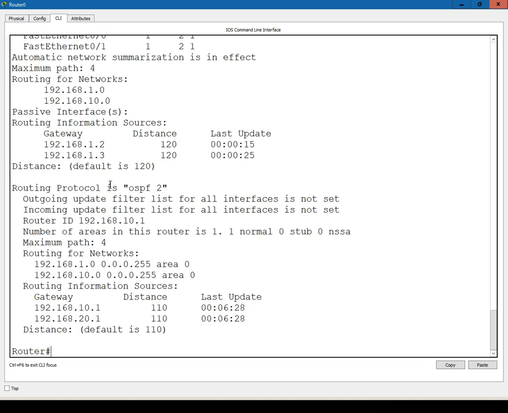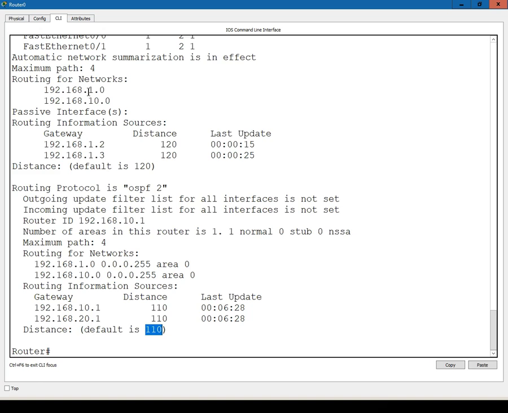If we go on down a little bit farther, routing protocol is OSPF, and 2 is the process ID. It's just something that's locally significant so it can keep up with it. Routing for 192.168.1 and 192.168.10, and its distance is 110. The default is 110, and that is the administrative distance for OSPF.